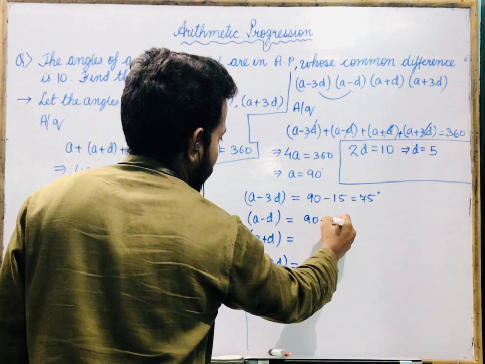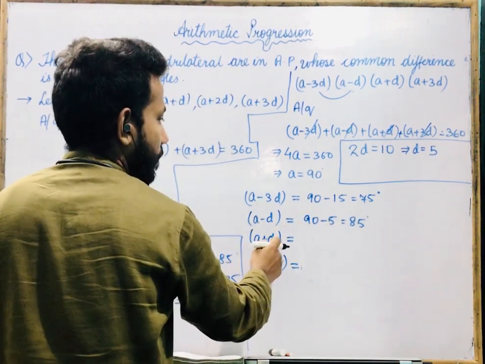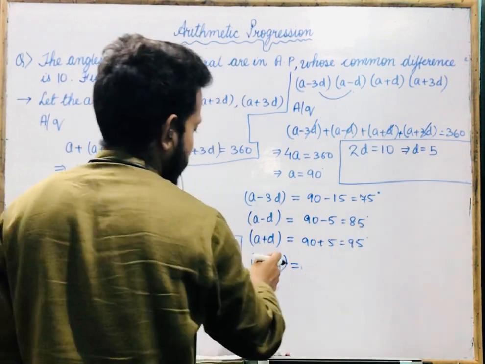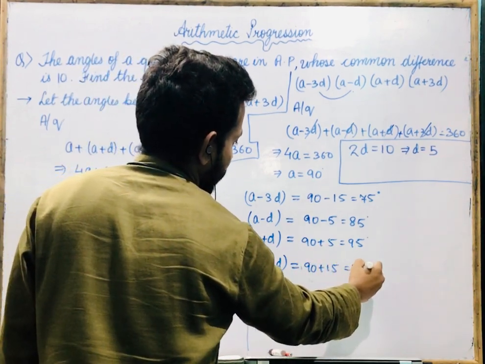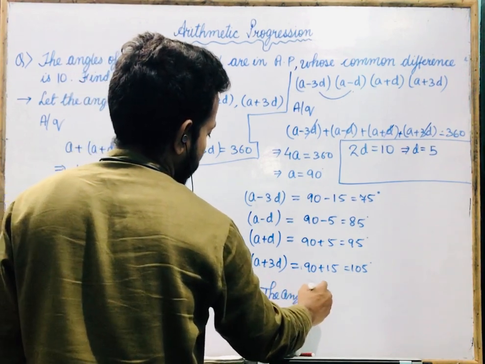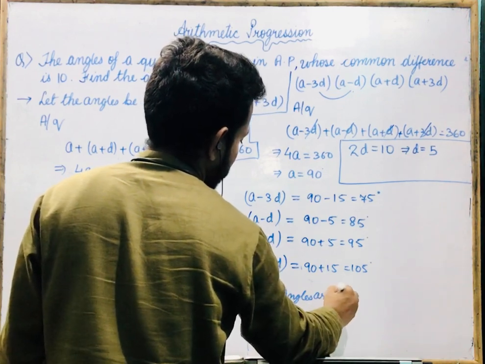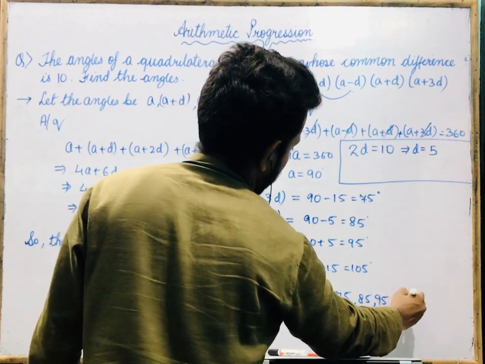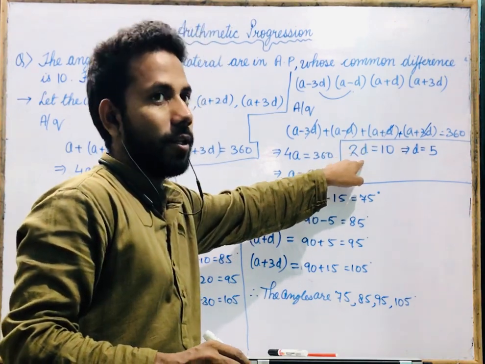90 minus 5 that is 85, 90 plus 5 that is 95, 90 plus 15 that is 105. Therefore the angles are 75, 85, 95, 105. ये यहाँ पर जो चेक था इसको समझना था.